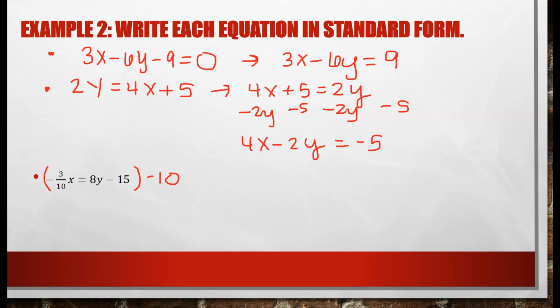So I get 3x equals negative 80y plus 150. And then I'm just going to move over my 80y. And I get 3x plus 80y equals 150.